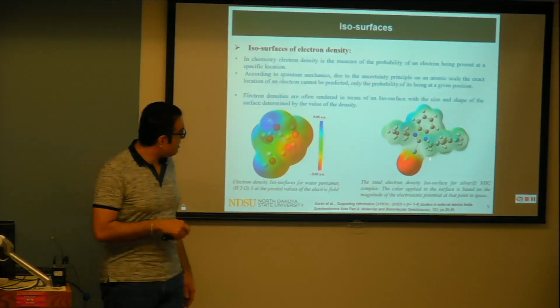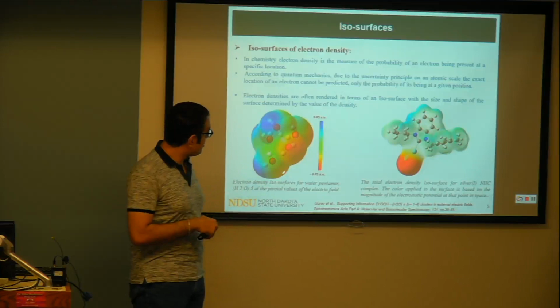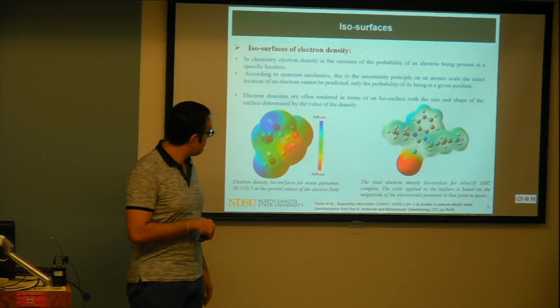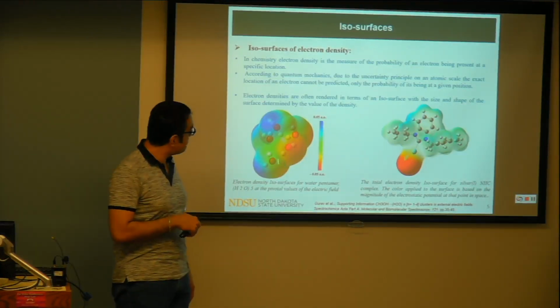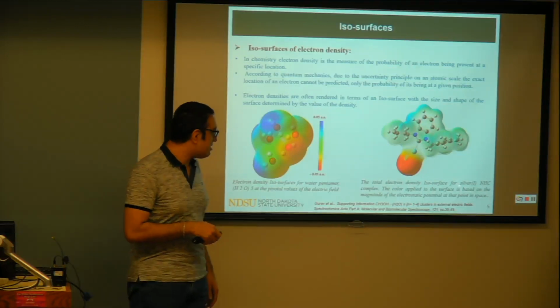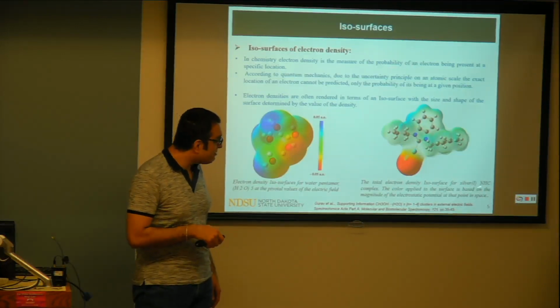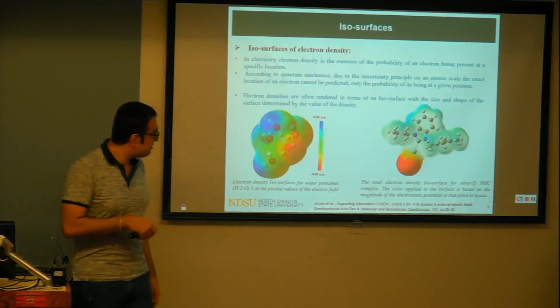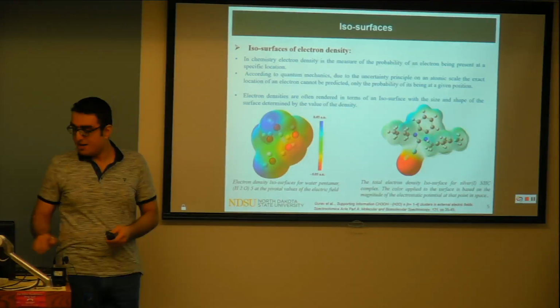Here are two isosurfaces for electron density, for 5 water molecules, and here for silver and HC. I don't know exactly what it is, but the reference is available here.